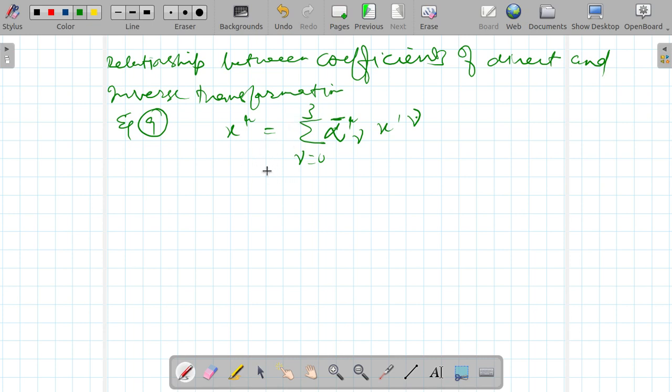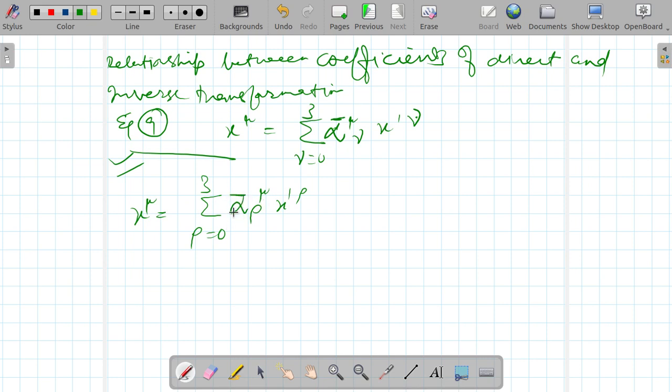If we keep this in mind, then we will simply change the dummy variable, nu is replaced by rho. So using equation number 9, we can write x mu is equal to the sum over rho from 0 to 3, alpha rho mu x prime rho, right?